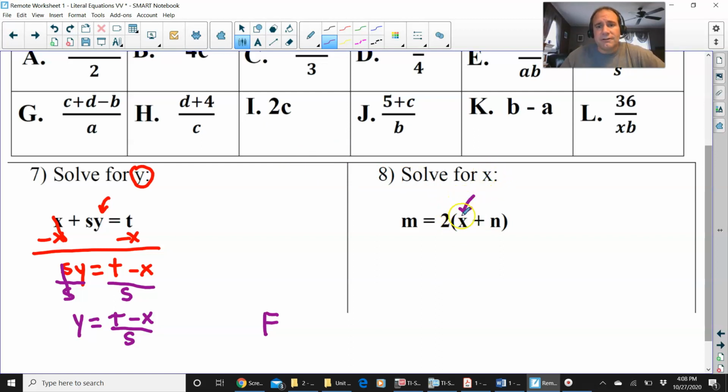Because I want to solve for X, I'm just going to go ahead and distribute. There's a lot of arrows going on. There's a couple of ways, but let me just do it this first way. So I'm going to distribute. Then I have M equals 2X plus 2N.